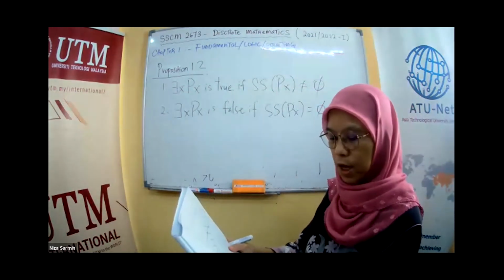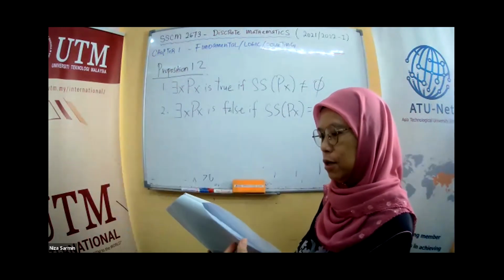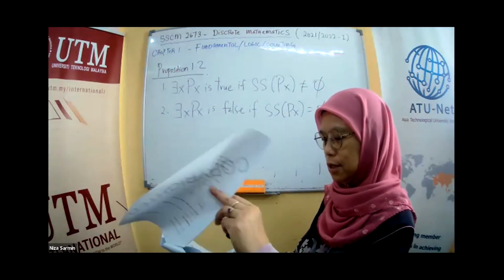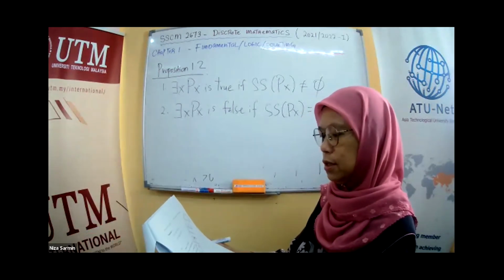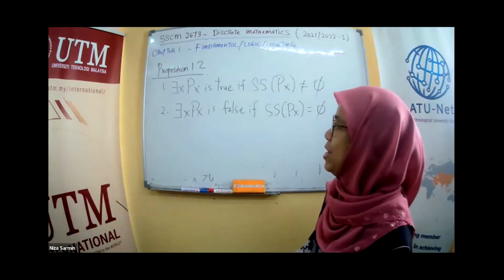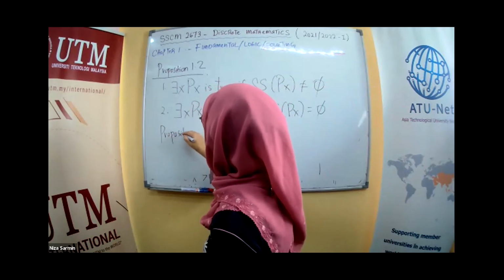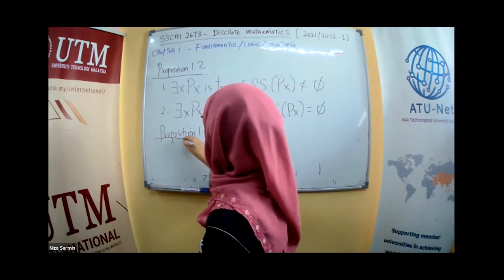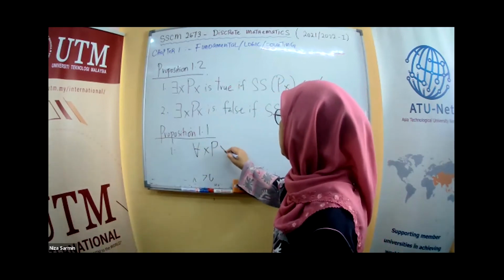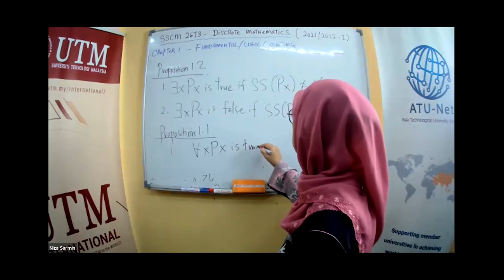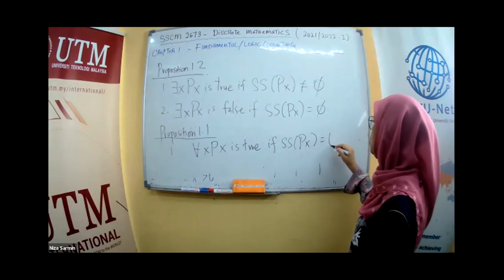It should be there somewhere, but I don't know where it is now. For all, where is it? Oh, I missed that. Proposition 1.1. Sorry, I should mention this first. For all x, P(x) is true if the solution set is the whole of U, right?